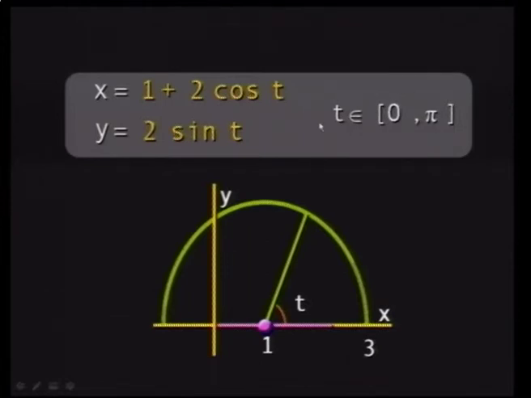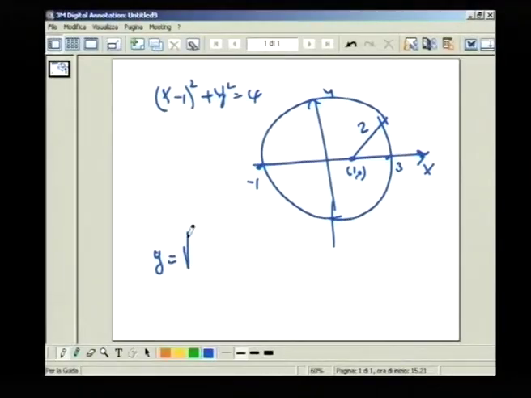The first one is y equal to the square root of 4 minus (x minus 1) squared. You can transform it into a parametric form. How? You can just take, for example, x equal to 1 plus 2 cosine t, and substitute into y. Here y is equal to the square root of 4 minus (x minus 1) squared.